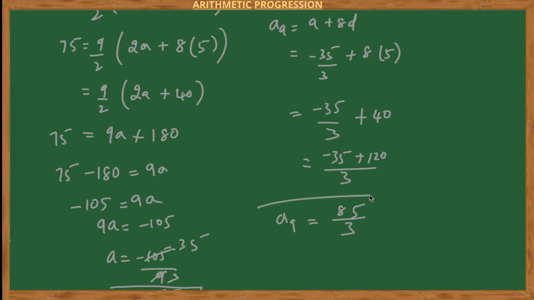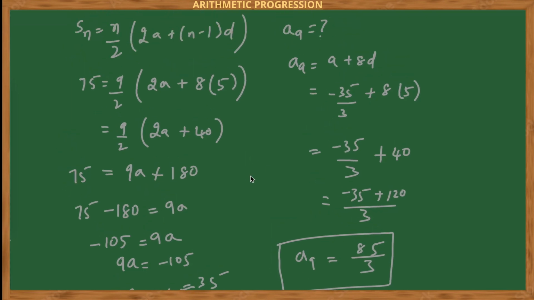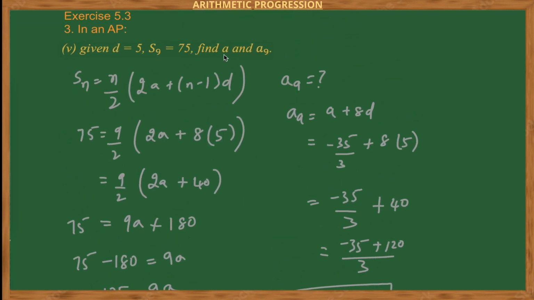A9's answer is 85 by 3. Further we cannot divide it. Okay students, so in this we found A and AN. So this is what is the expectation from this particular question. So let's move to the next question.